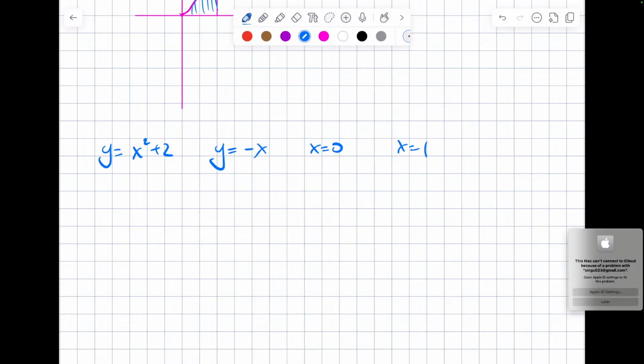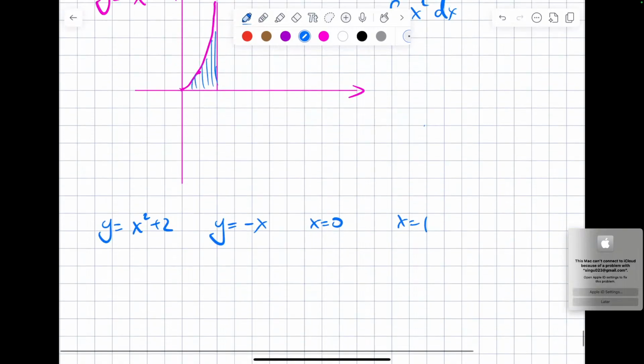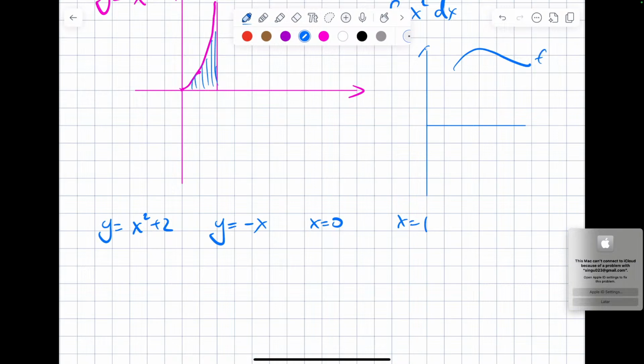For Aiden, you have to know the area between the curve. Just for example, if I have two functions, this is f of x and this is another function, let's say g of x, like this. If you want to find out the area between here, basically it is the top function area minus the bottom function area.